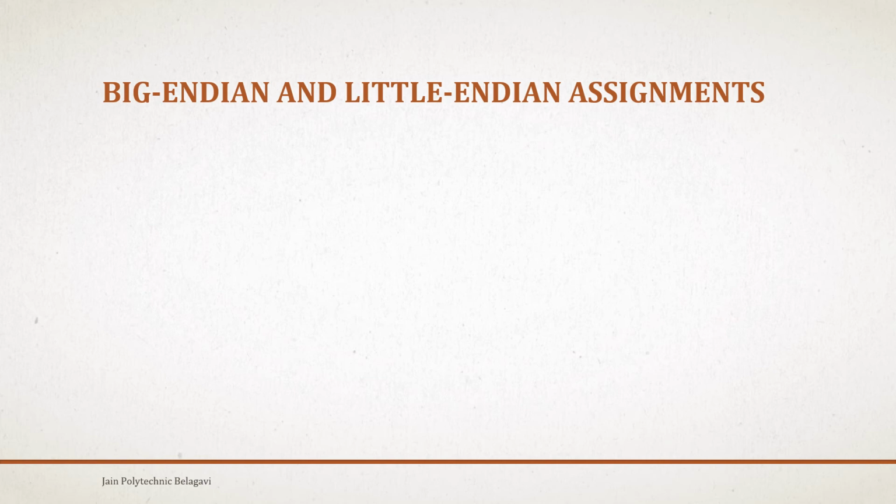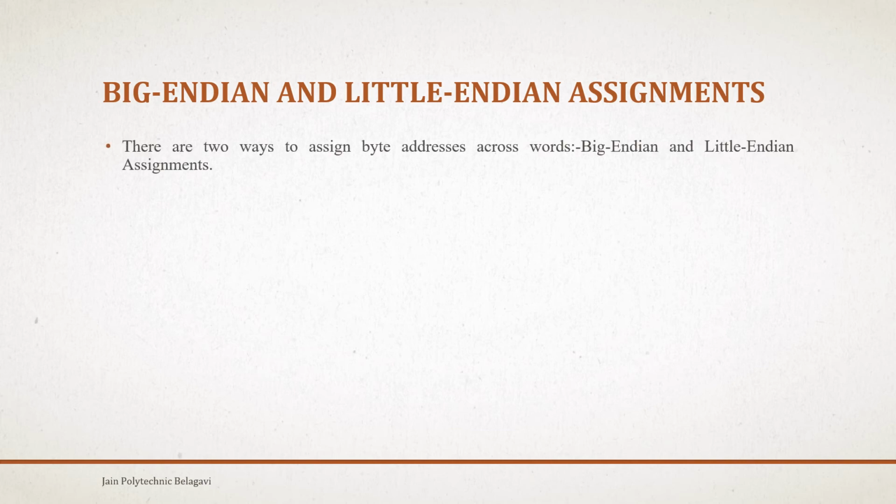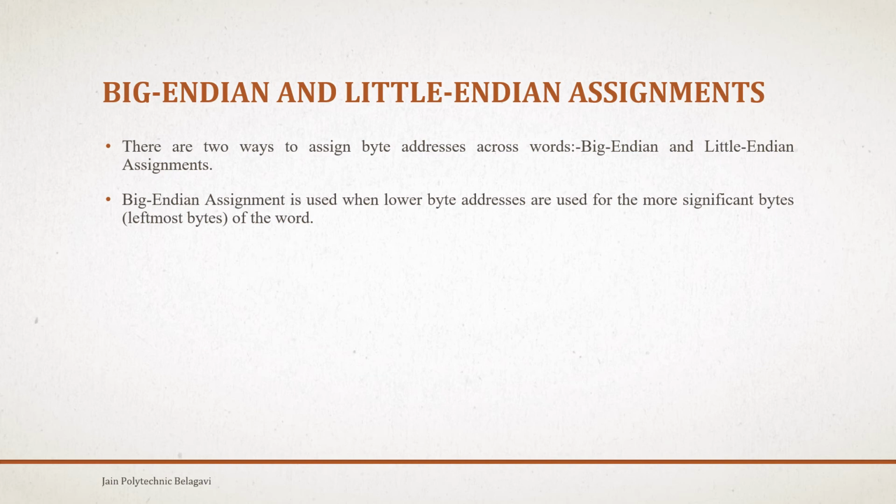Now the next topic is Big Endian and Little Endian assignments. What are these? There are two ways to assign byte addresses across words. As I repeated in the slide, byte address is used for giving the address to each of the bytes. There are two types of assignment: Big Endian and Little Endian. Big Endian is used whenever lower byte addresses are used for the most significant byte.